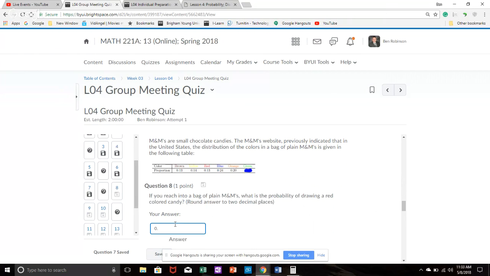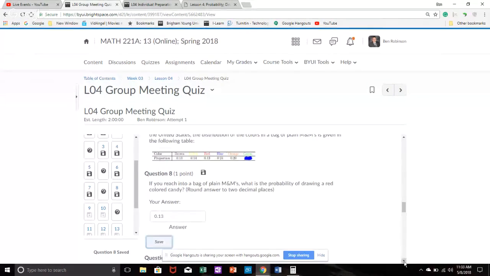Let me check. 1 minus 0.13 is 0.87. It'd be 0.87 that you don't get a red, but they're asking for the probability of getting a red one. Yeah, just the red, 0.13. Okay, thank you.